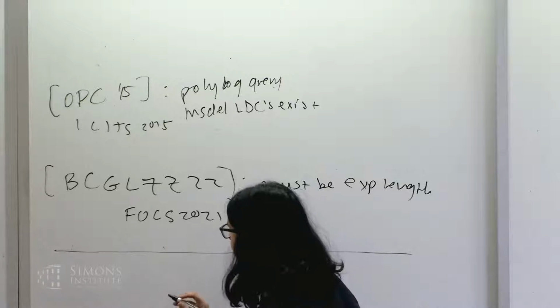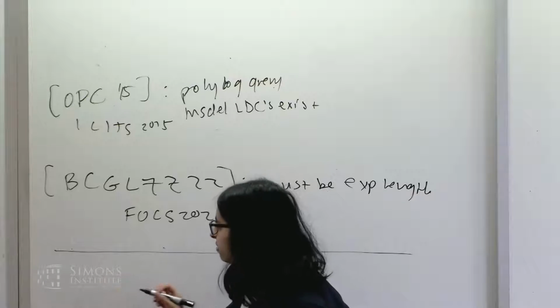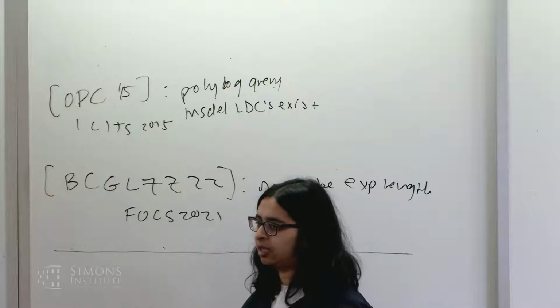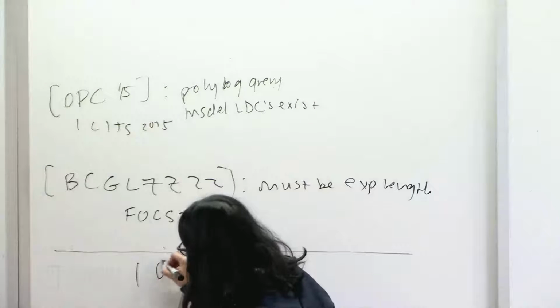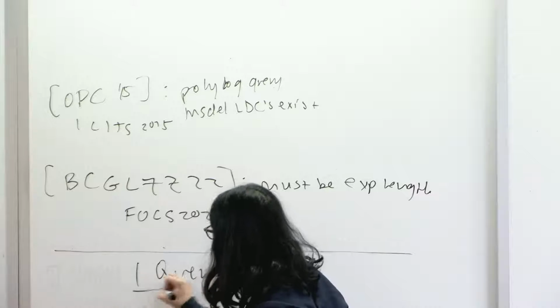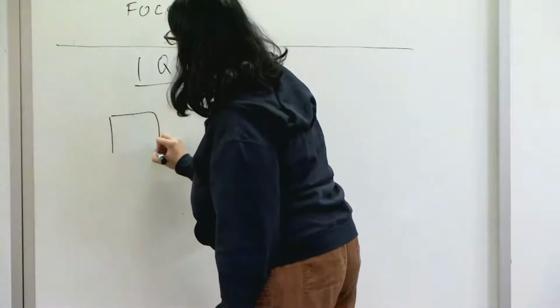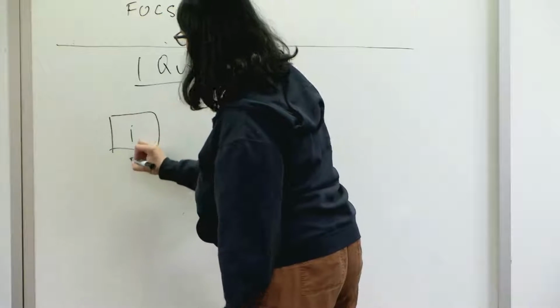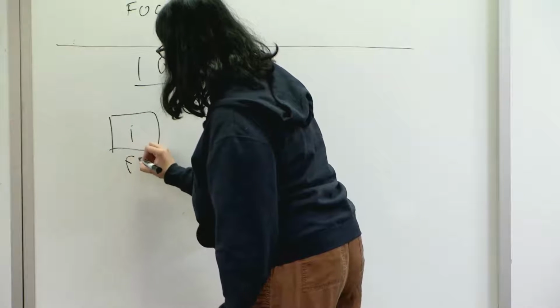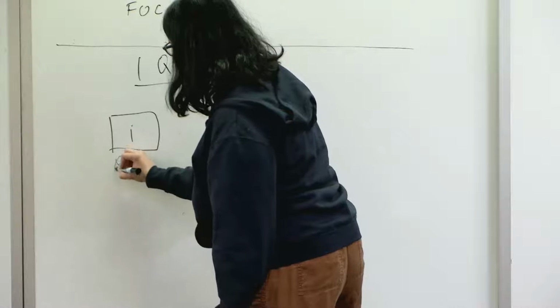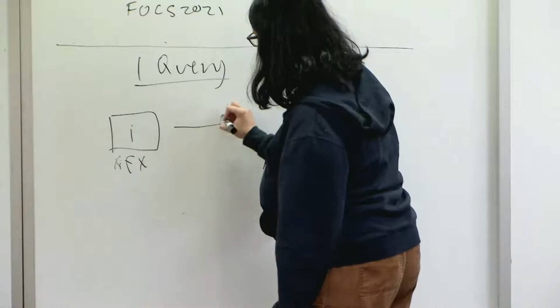Okay, so let me write the 1-query case. What does the process of performing a query look like? You have some index i. This is an index of x. x_i is what you want to recover.